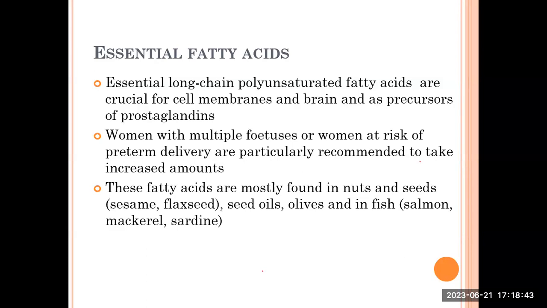And the monounsaturated fatty acids are brilliant when it comes to reducing cholesterol in the body. So they don't allow cholesterol to increase or to accumulate in the system. So that is why it is also recommended for our women. But we don't have olives. The olives are not very common in this part of the country. And that is why olive oil is so expensive.